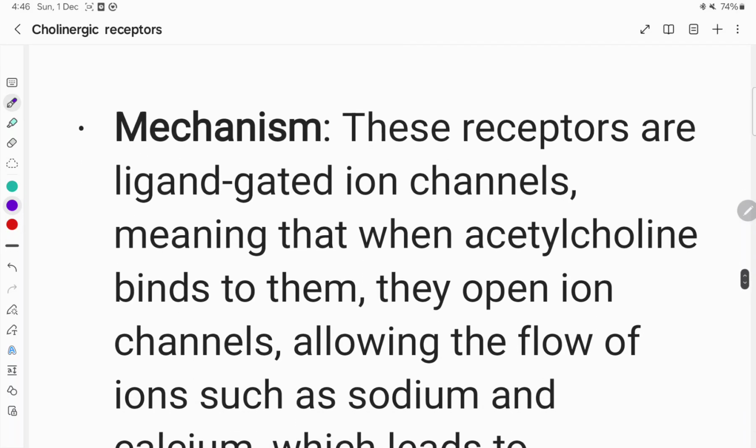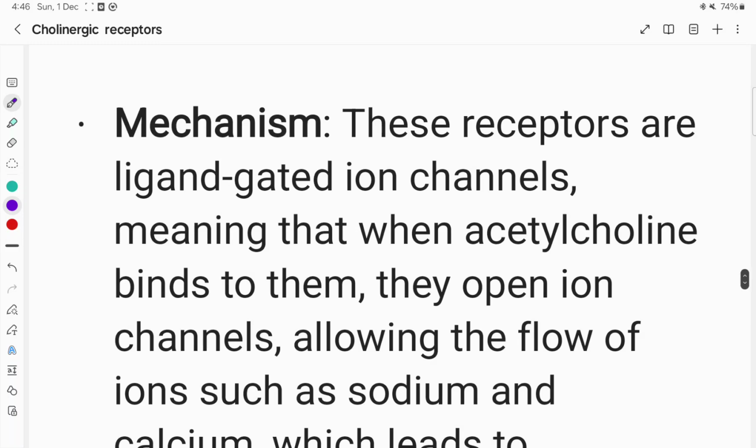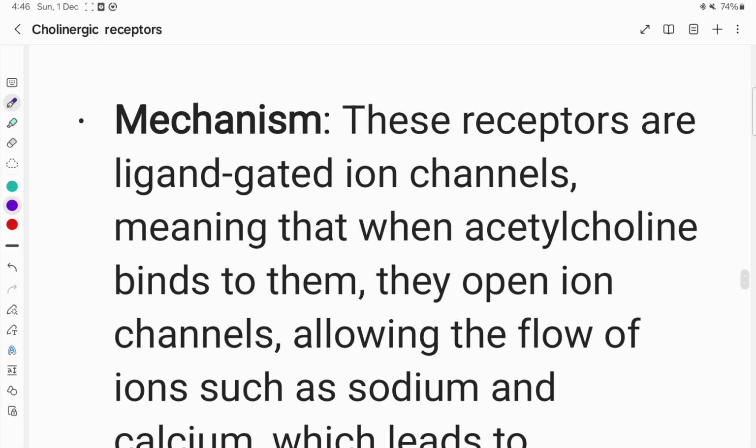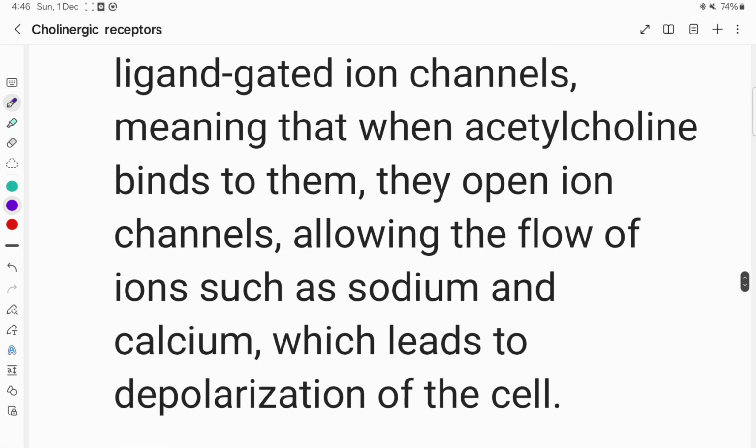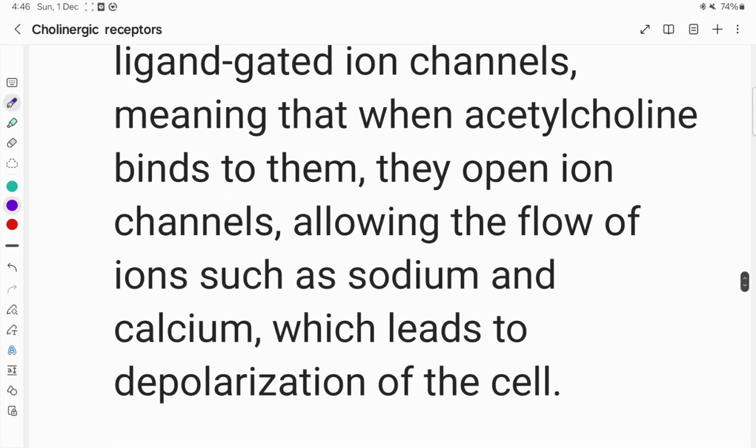So these are all ligand-gated ion channels. When acetylcholine binds, there will be opening of the ion channels, and there will be flow of cations such as sodium, calcium, and potassium. Suppose this is the nicotinic acetylcholine receptor, and the cation channels are linked.